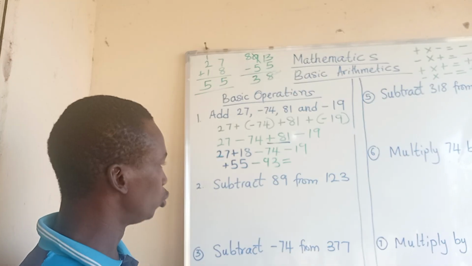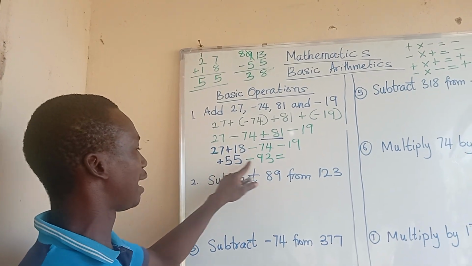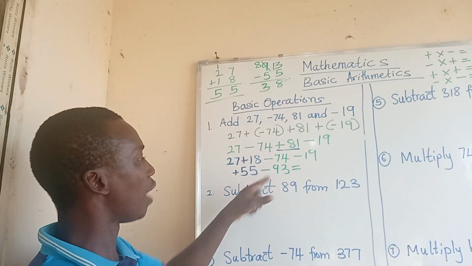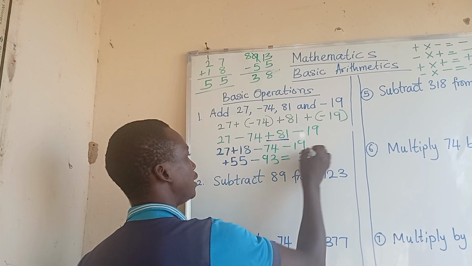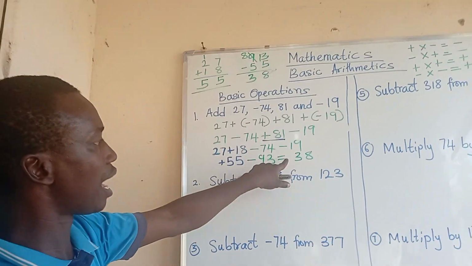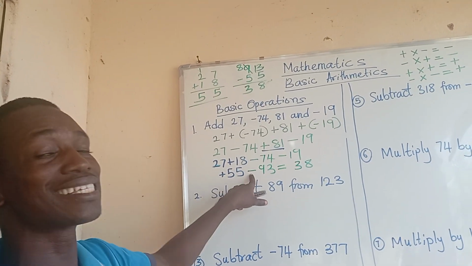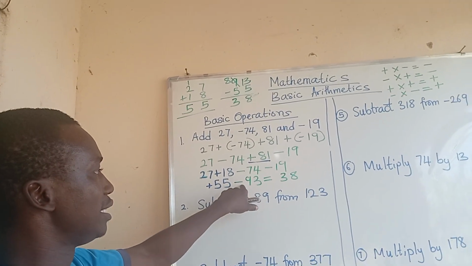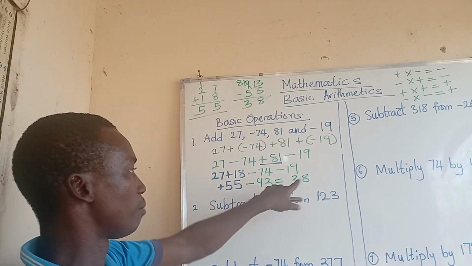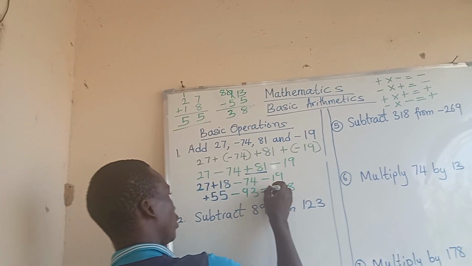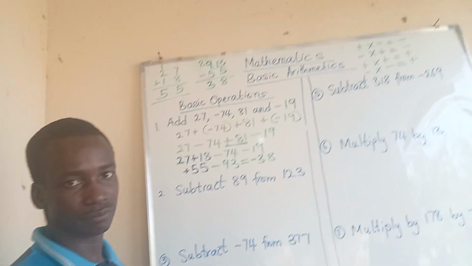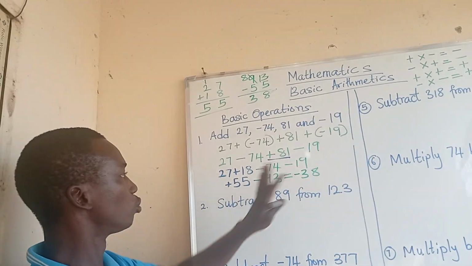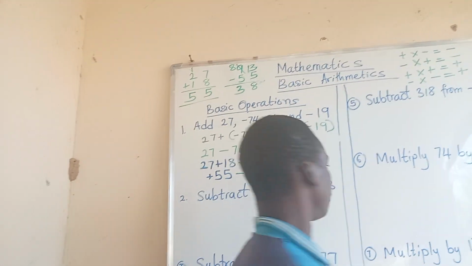But remember what I told you, when you are subtracting two numbers that have different signs, the sign of your answer, remember the answer is what? 38. The sign of your answer will depend upon the sign that has the largest number. So in this case, minus has the largest number, therefore your final answer will be minus 38. So that is the solution to the first question.